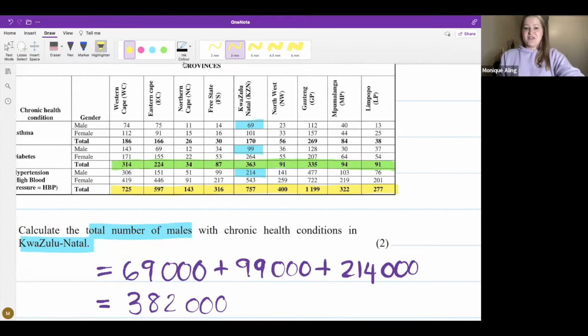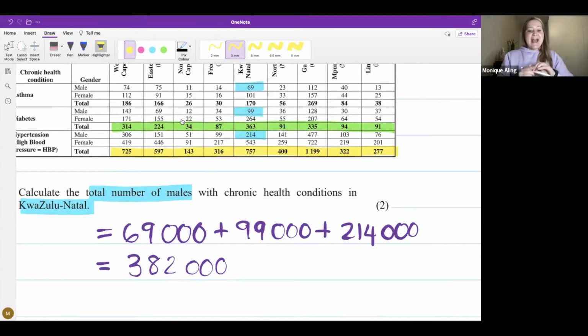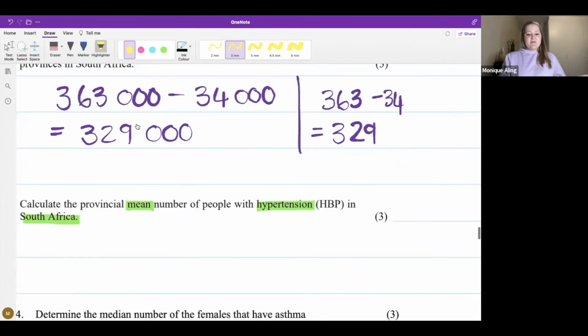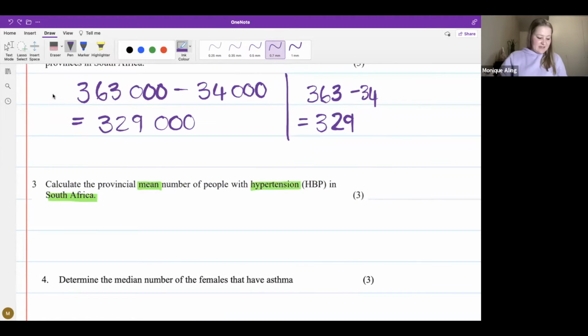Okay, so the correct answers are coming through. All we had to do was add all the numbers I've just highlighted in yellow. That is your 725 plus 597.